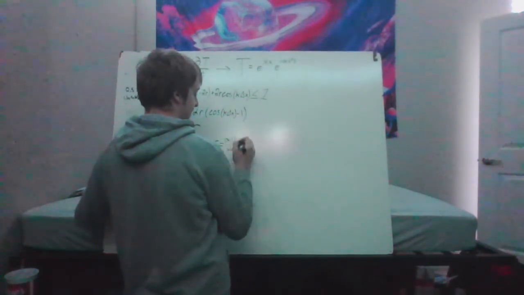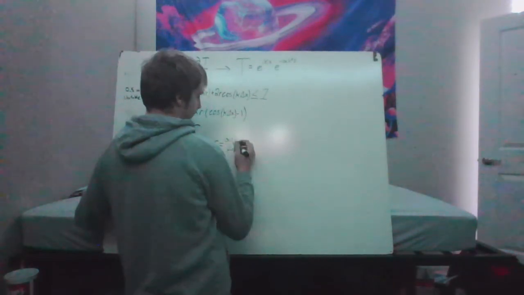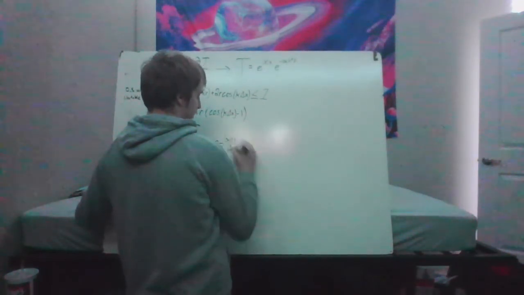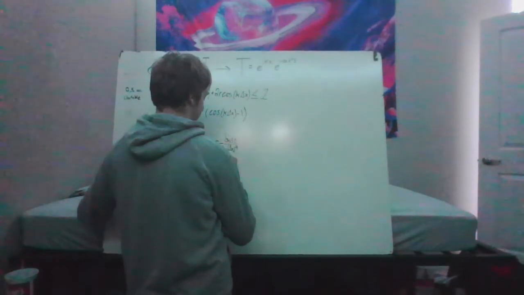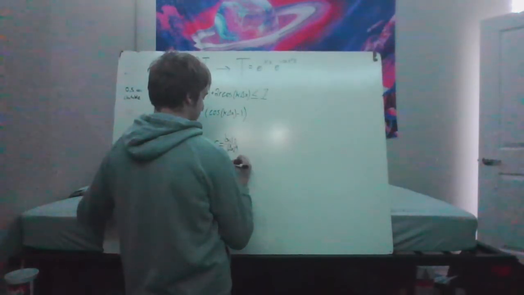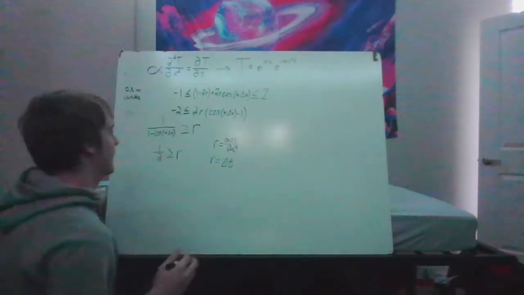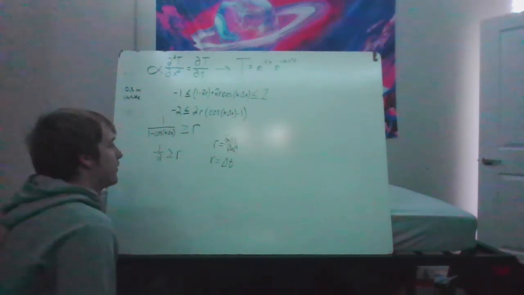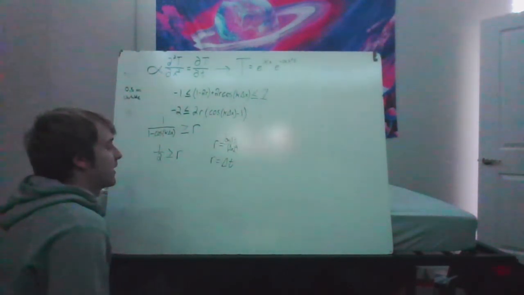And this alpha and delta x squared were both 1. So really our r is equal to our delta t. And that's why we noticed that at 1/2 our graph became all wacky and it was unstable.